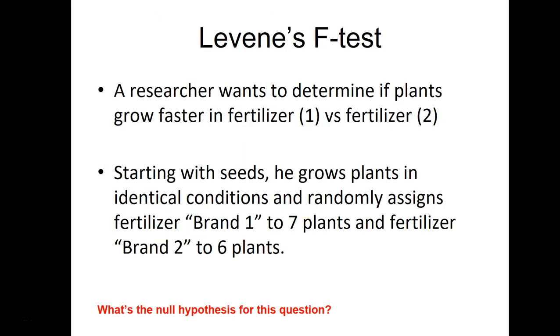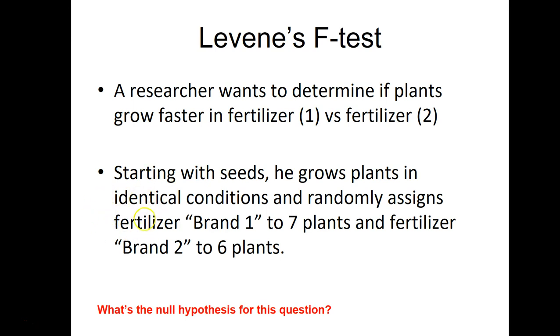Example: a researcher wants to find out if plants grow faster with fertilizer 1 or fertilizer 2. So he starts with some seeds, and he grows plants in identical conditions: same soil, same amount of light, same amount of water, he talks to them the same amount of time, he loves them and cuddles them the same amount. I don't know, I don't grow plants.